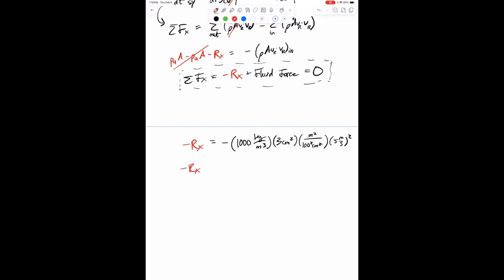Therefore, your reaction force is equal to negative 7.5 newtons. So you see, we account for the fact that the resultant force is going to the left. Therefore, these negative terms cancel out, and we get a positive value. So the reaction force pointing to the left is 7.5 newtons.